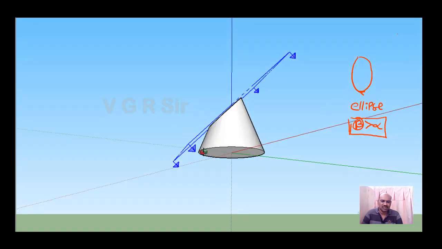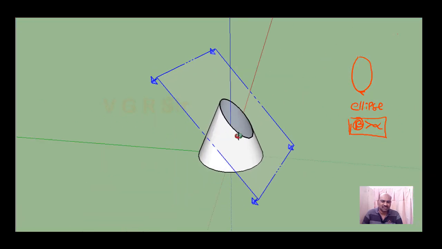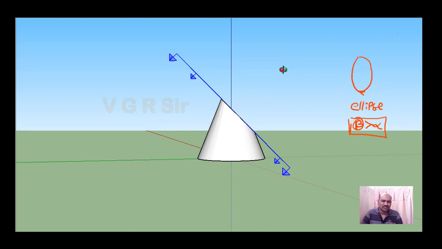So this is one of the conic sections. This is ellipse. See, the angle made by axis and plane is beta here.